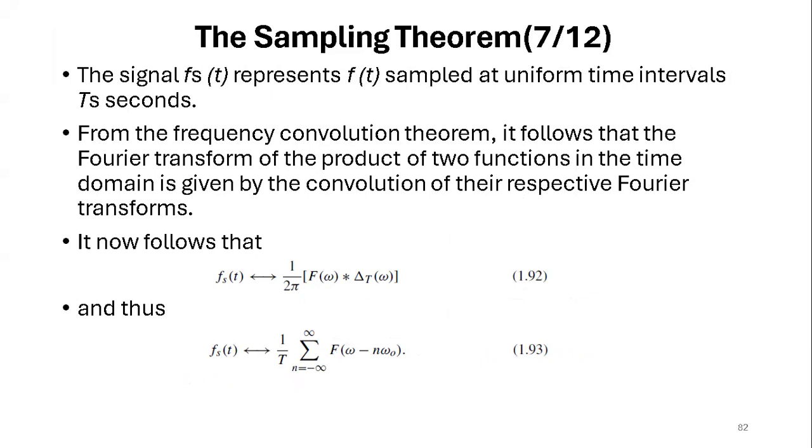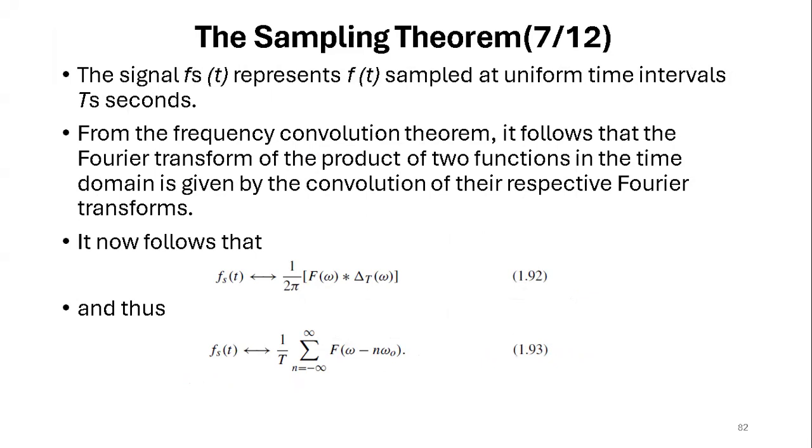The signal in the frequency domain represents the samples at different time intervals, the sampling time. From the frequency convolution condition it follows that the Fourier transform of the product of two functions in the time domain is the convolution of the respective Fourier transforms.